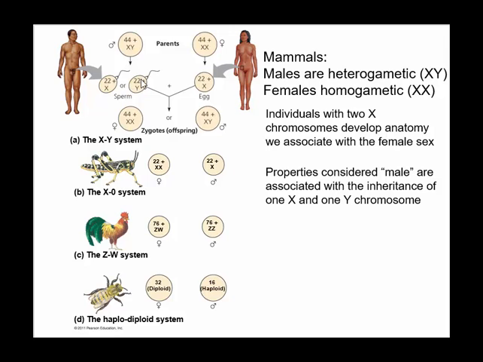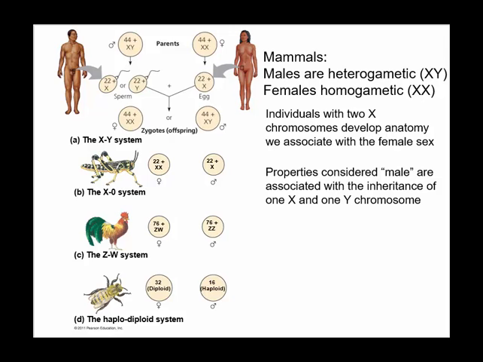So that's why males are considered heterogametic. They produce two different kinds of gametes, whereas females produce 22 autosomes plus an X chromosome. Now, there's two X chromosomes, so those are potentially different alleles, but it's 22 plus an X, either one. And so females are homo. Homo means the same, homogametic.